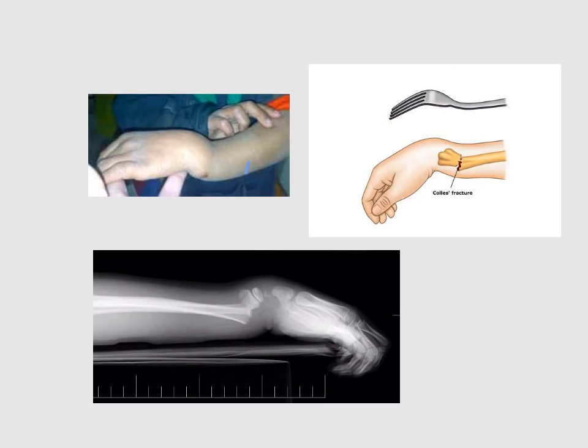What is dinner fork appearance? It is a prominence on the back of the wrist, with depression on the front. Prominent in the dorsal of the wrist, and depression on the front. This is dinner fork appearance.